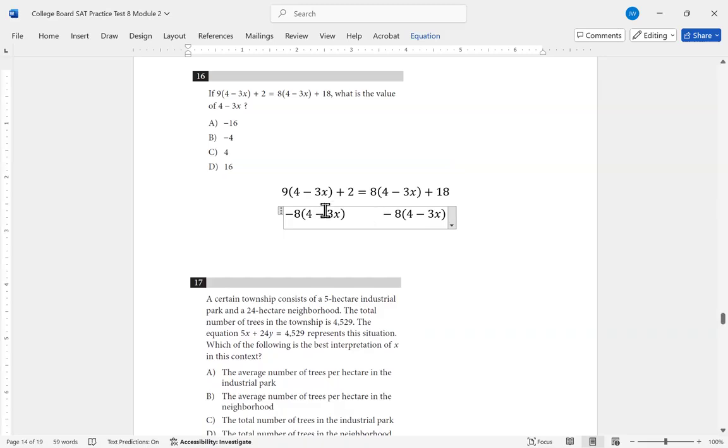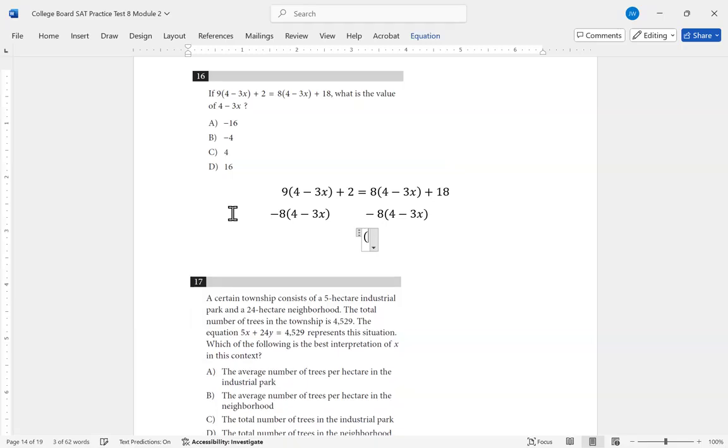So I subtract that off from the left-hand side, and then I subtract that off from the right-hand side. And when I do that, I'm going to get one copy of 4 minus 3x on the left-hand side with a plus 2. And then on the right-hand side, I'll just be left with 18. So there we go.